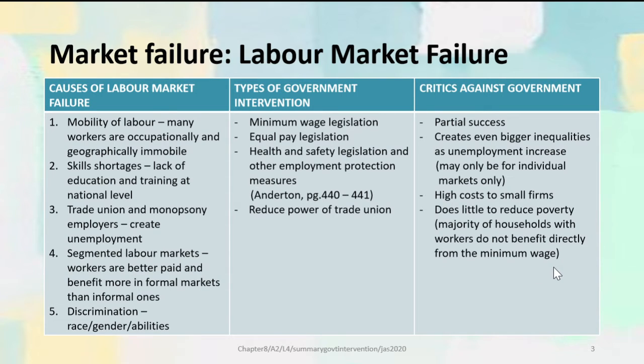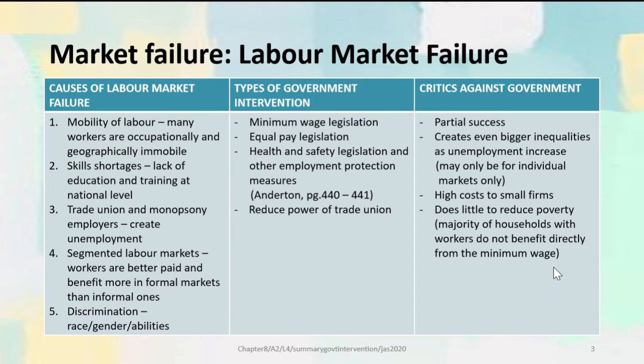Remember we have the informal sector, and we also have certain industries where it's difficult for government to impose even a minimum wage, because they might be paid by the hour, not monthly, whereas the government minimum wage is probably monthly. So it is not an overall thing for every industry. Some industries might be affected, especially the informal ones. All right, so that's basically about labor market failure.